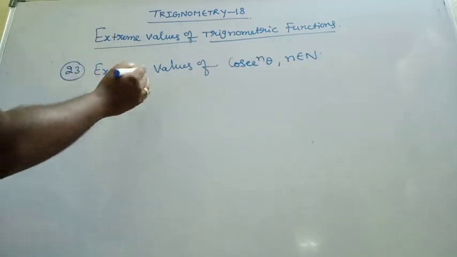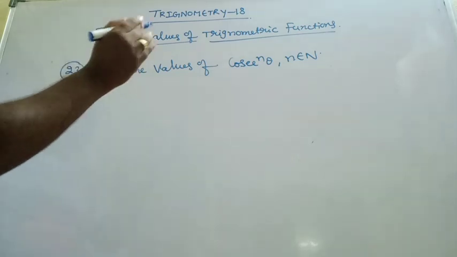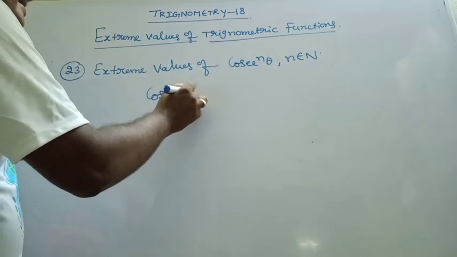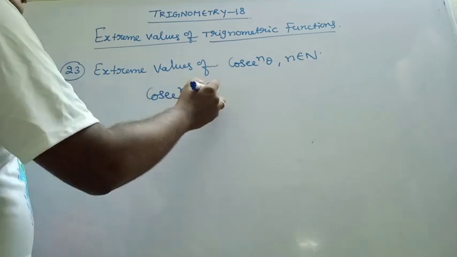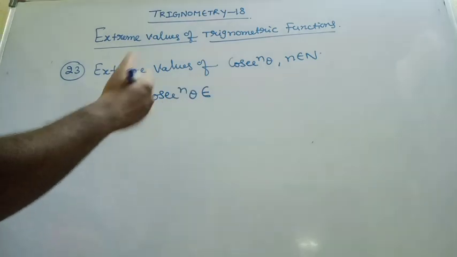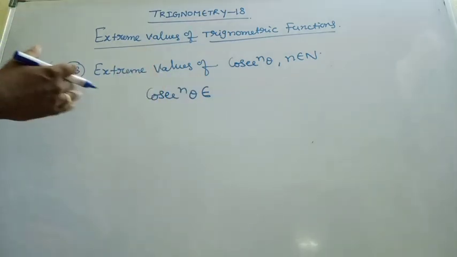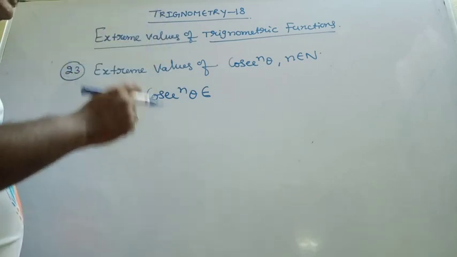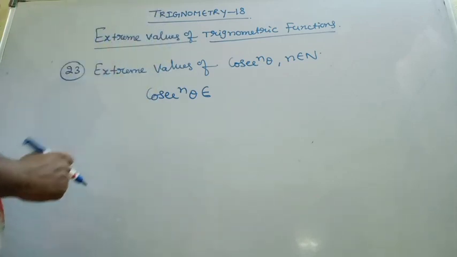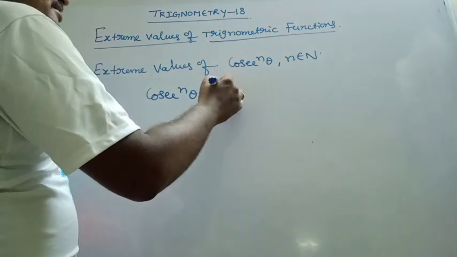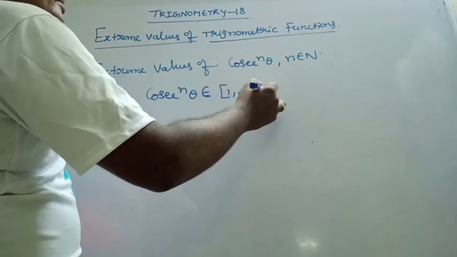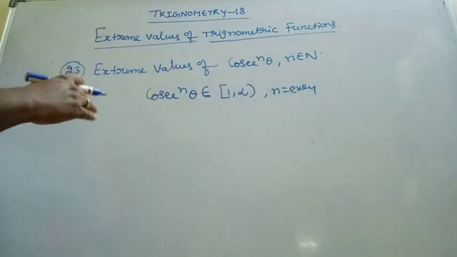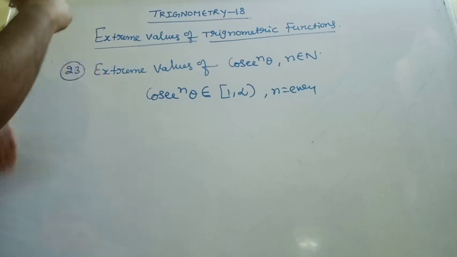Now we have the extreme values of cosecant power n theta, when n belongs to the natural numbers. Cosecant theta, we observed, belongs to minus infinity to minus 1 and 1 to infinity when n is odd. When n is even, it is 1 to infinity, because negative values like minus 1, minus 2, minus 3, minus infinity raised to an even power become positive numbers.